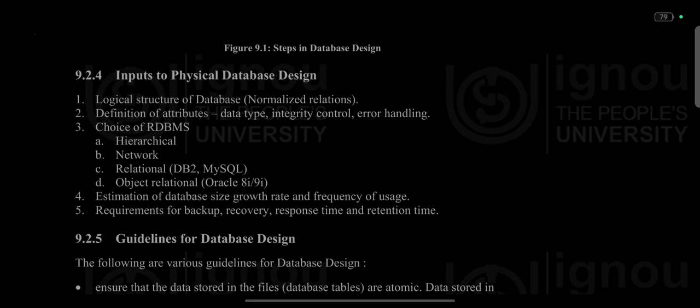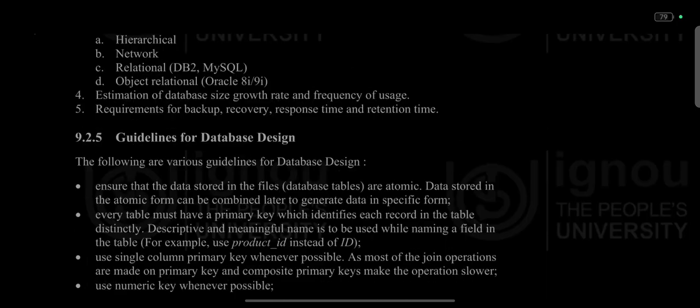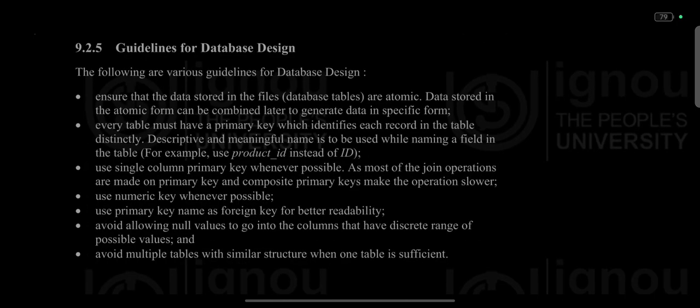Guidelines for database design. The following are various guidelines for database design. Ensure that the data stored in the database tables are atomic. Data stored in the atomic form can be combined later to generate data in specific form.